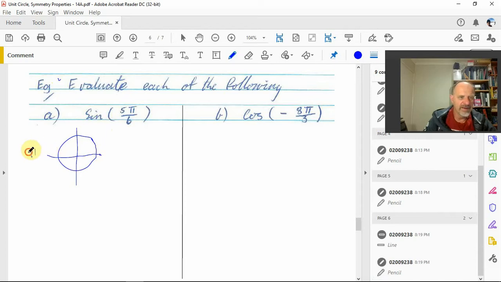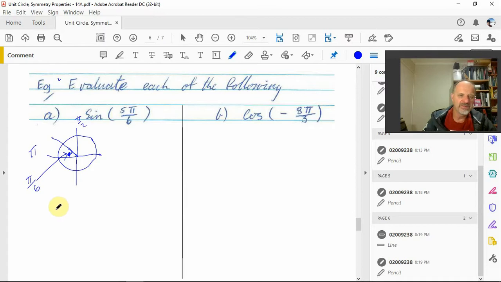Remember, it's pi out to here, pi/2 to here. 5pi/6 is short of pi. And how much short of pi is this angle down in here? Well, 6/6 is 1, so 5/6 means it's pi/6 in there. Now that, as I mentioned before, between the x-axis and there, is my reference angle.